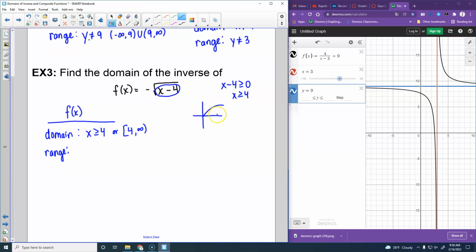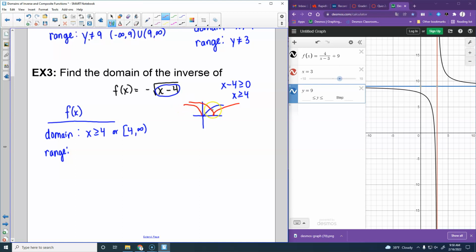We moved it over to the right 4, which is going to make it look like this. Then what else is going to happen to that graph there? Flip. We flip it over the y. Actually, the reflection is going to happen first, then it'll be moved.